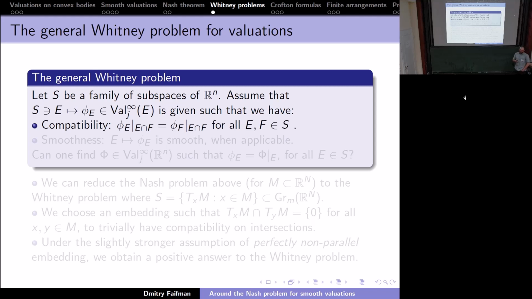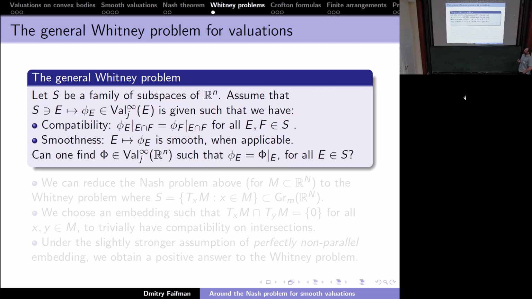We are assuming compatibility, as you would: whenever two subspaces intersect, the corresponding restrictions to the intersection should coincide. And we don't want any silly abstractions, so whenever it makes sense, we require this assignment to be smooth. This makes sense, for instance, when S is some manifold in the Grassmannian, some smooth family of subspaces.